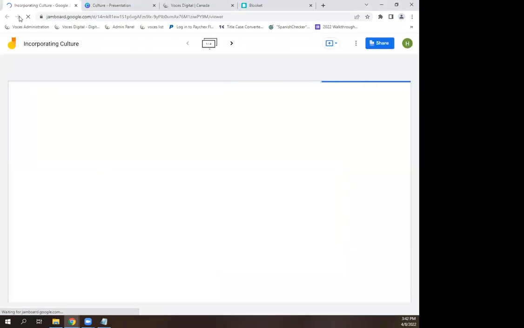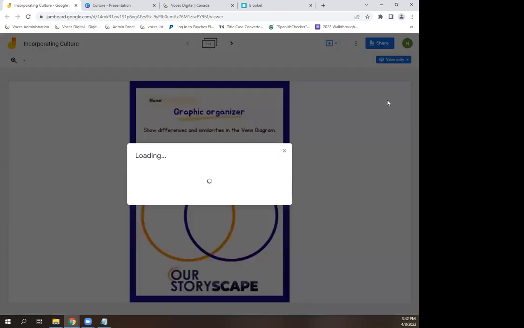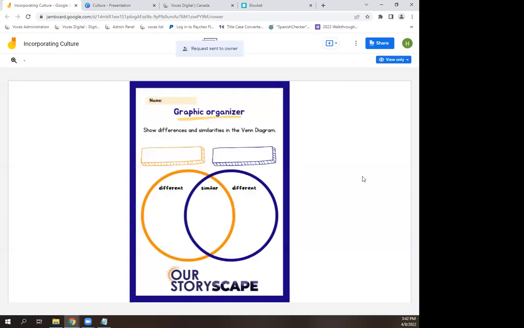So what you will see here, as I said before, is our graphic organizer that we include in our additional resources section. And it will allow us to find different similarities and connect with our students.